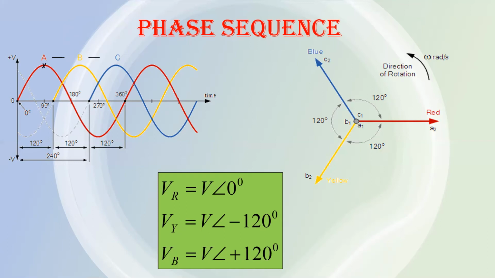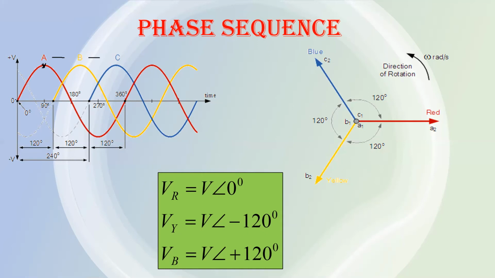And the second important point is how you will draw a phasor diagram for a balanced three-phase system. So first you have to write the equation of phase voltage in phasor form.